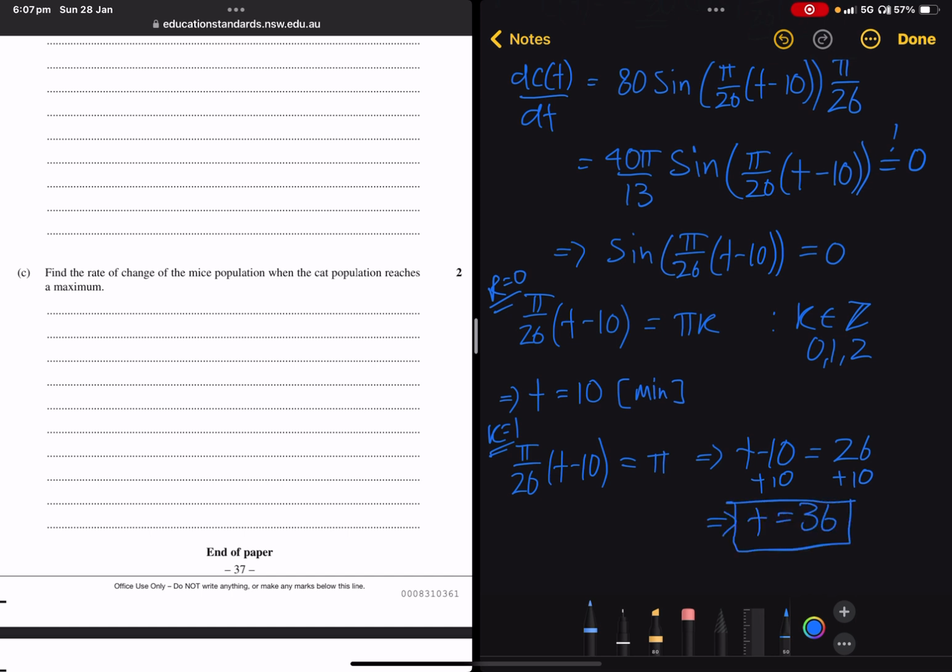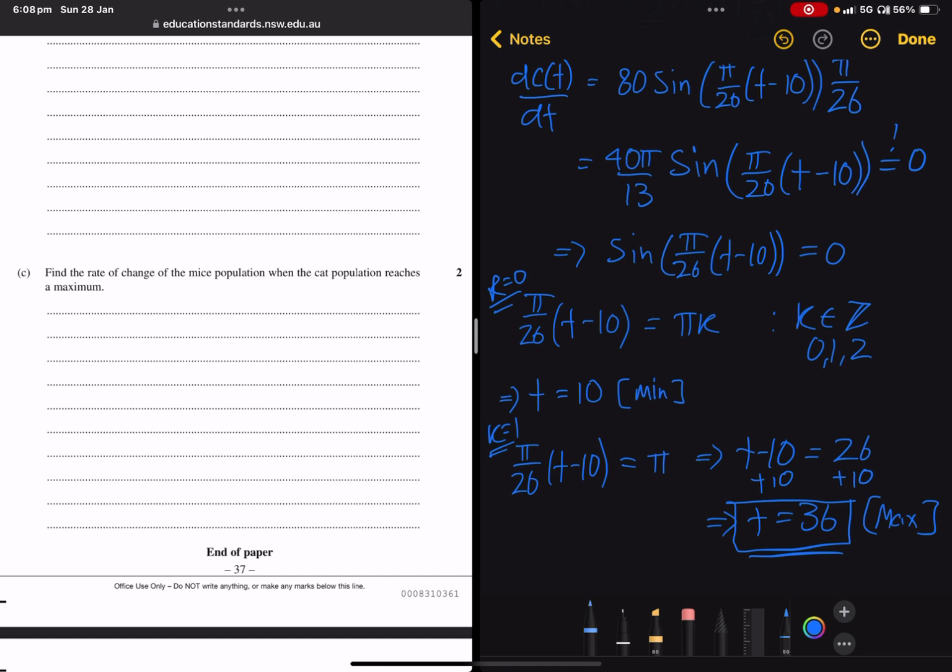And we know that this has to be the max, because the period is 52, so a full cycle happens over 52 units. 10 is the minimum. The maximum must be half of 52 many units away, so this is 36. We're able to calculate it here, but intuitively you could have got it either way. So this means the cat population reaches a maximum when the time is 36.